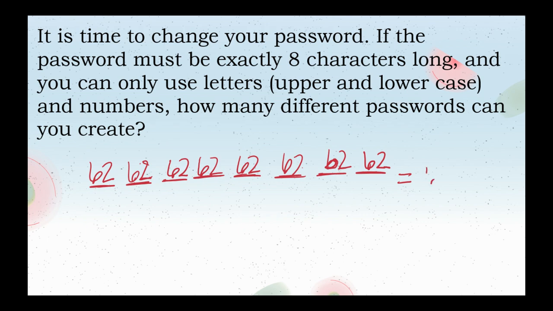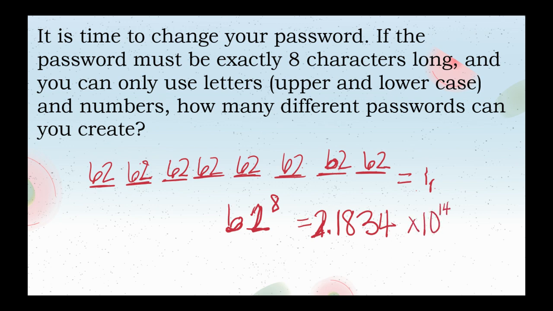Or in this case, since they're all the same, it would be 62 to the 8th power. We'll punch that in your calculator. This one we can't do mentally. And we get 2.183, etc., times 10 to the 14th.